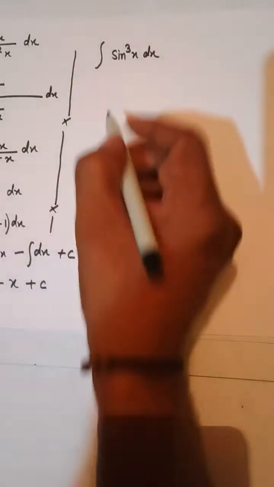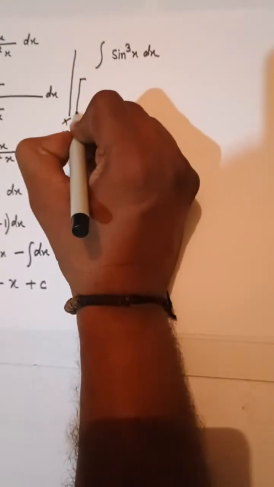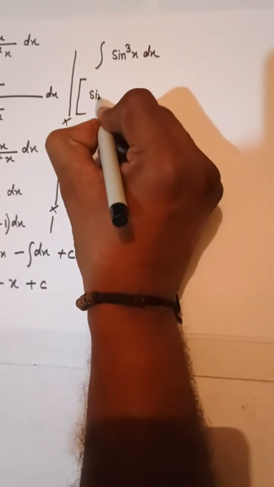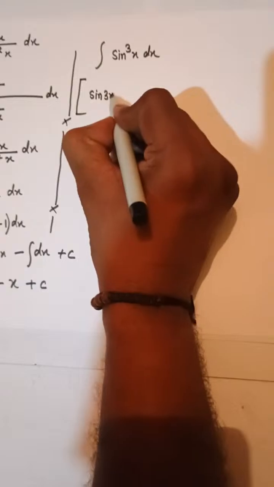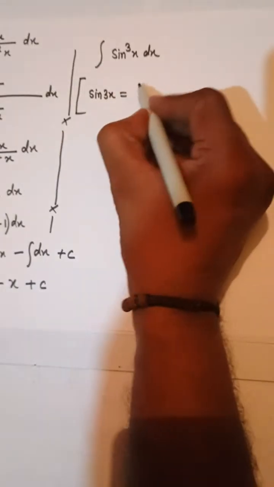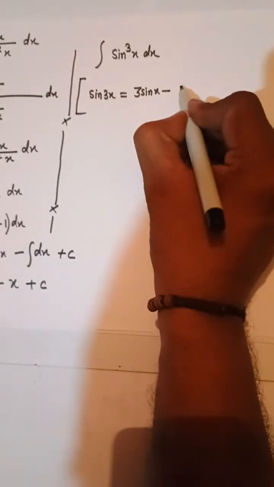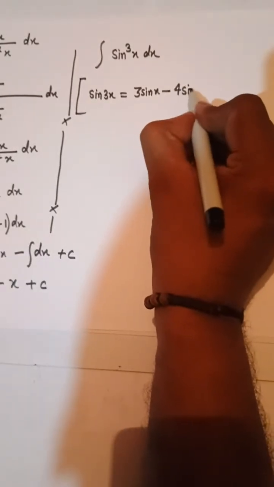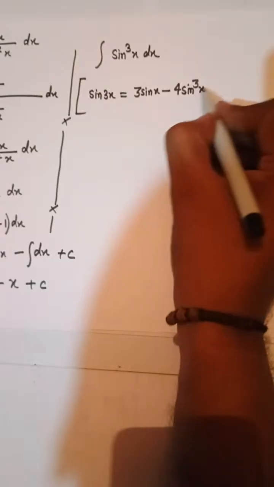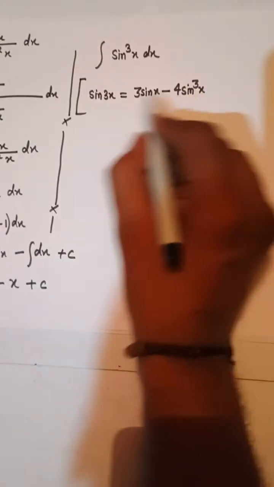So we know one formula: sine 3x equals 3 sine x minus 4 sine cube x. So we can calculate sine cube x from here.